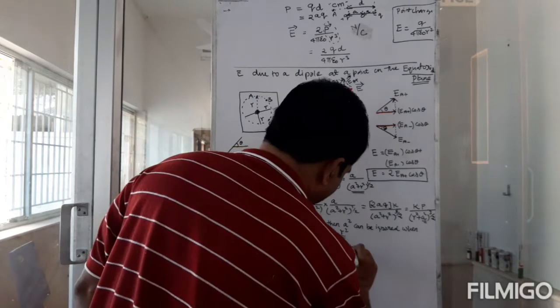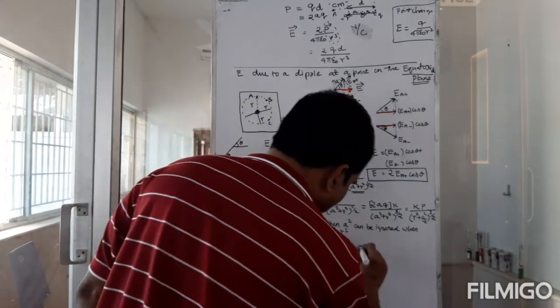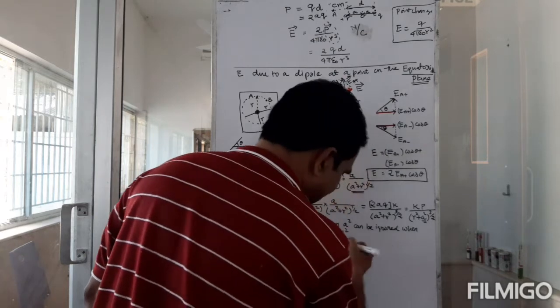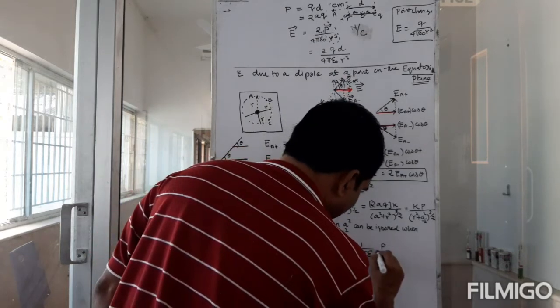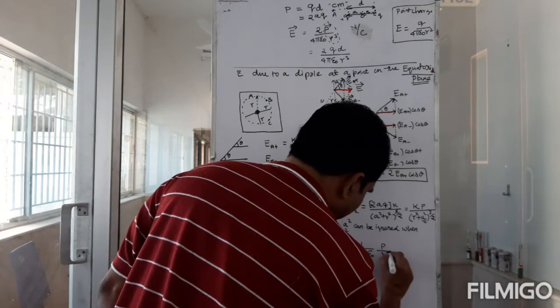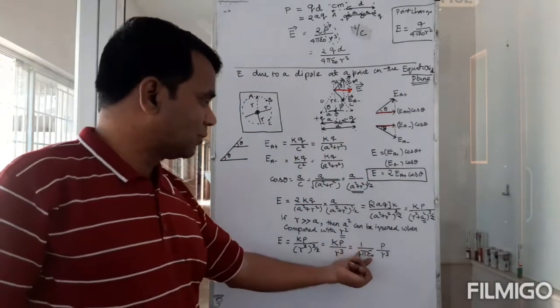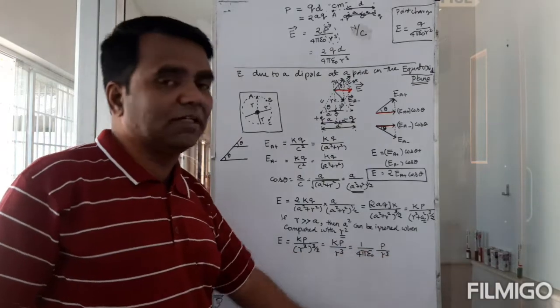And if I expand it further, K is 1 by 4 pi epsilon naught, and then P by R cube. So that's the magnitude. So E is equal to 1 by 4 pi epsilon naught into P by R cube.